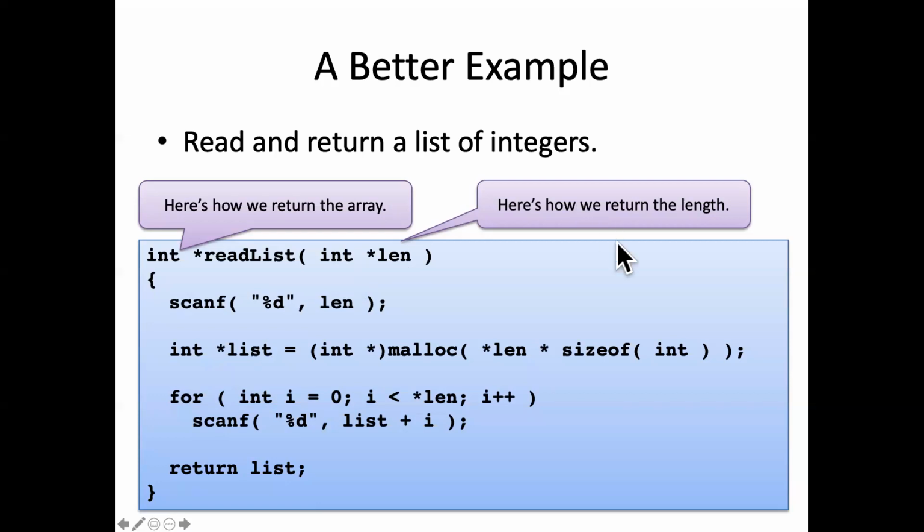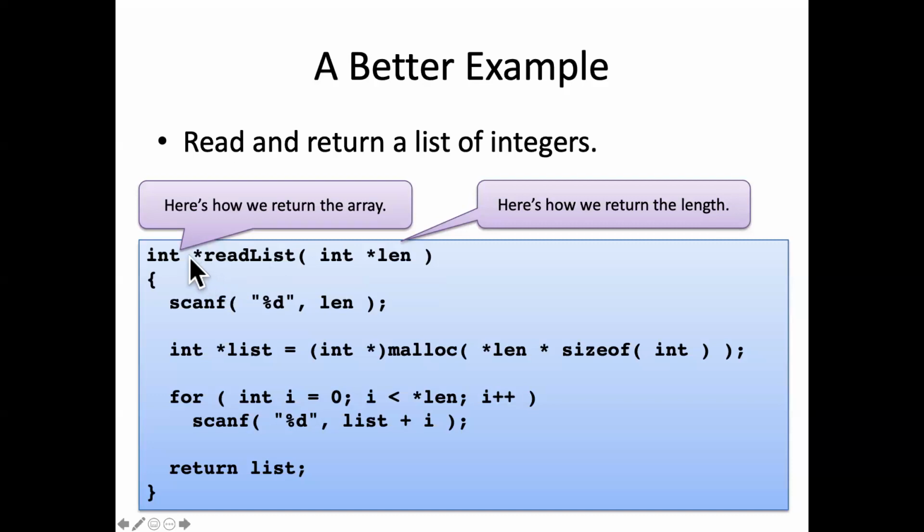So I call this function and give it the address of a length variable. Then when the function returns, I can look at that variable to see how big the list was. Again, I pass it by address because I want the function to be able to modify it so that when it returns, the caller can tell how many values got read in.